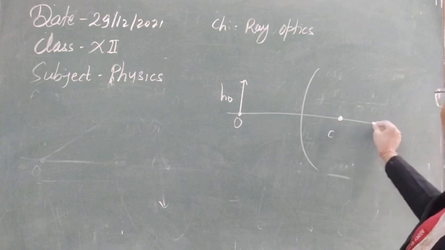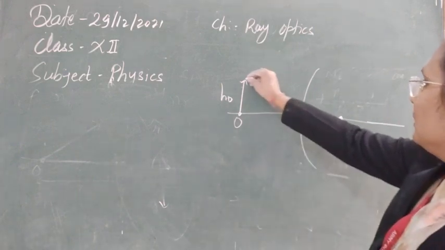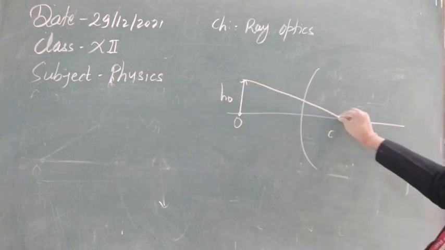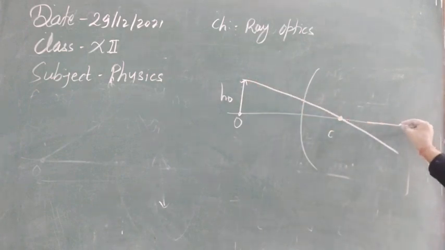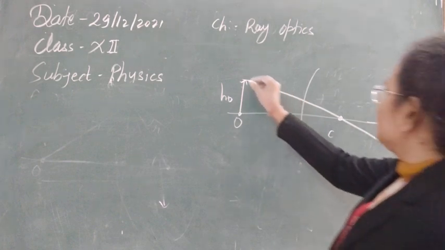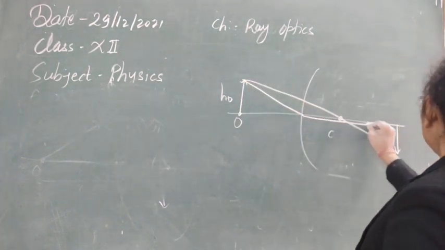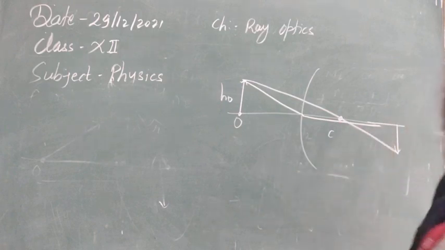As you know, the ray that passes through the center will not deflect, it will go without any kind of refraction here. This will give us the image of this one. Again you can also take one ray that is coming from the optical center.